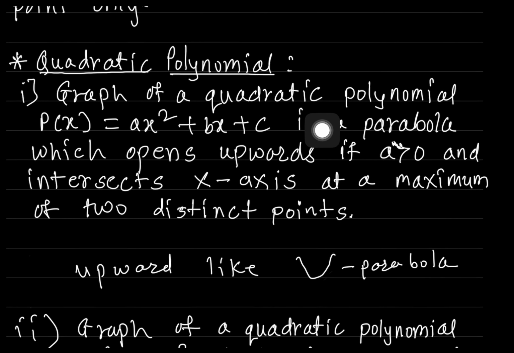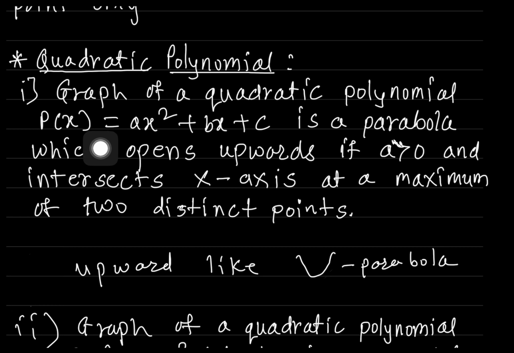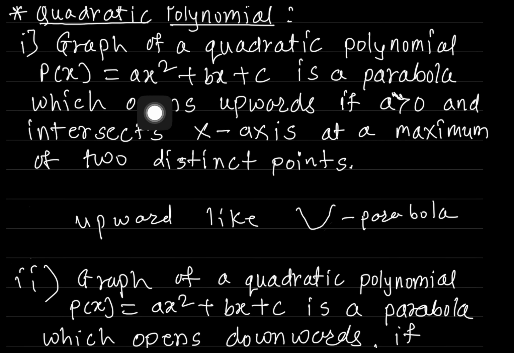Then quadratic polynomial. The graph of a quadratic polynomial p of x equal to ax square plus bx plus c is a parabola which opens upwards if a is greater than 0, and intersects the x-axis at a maximum of two distinct points.